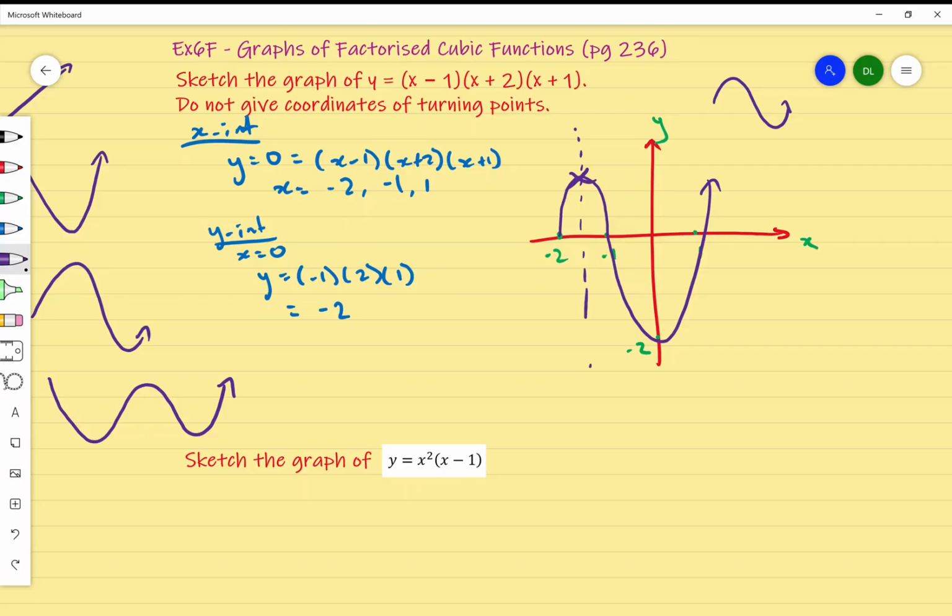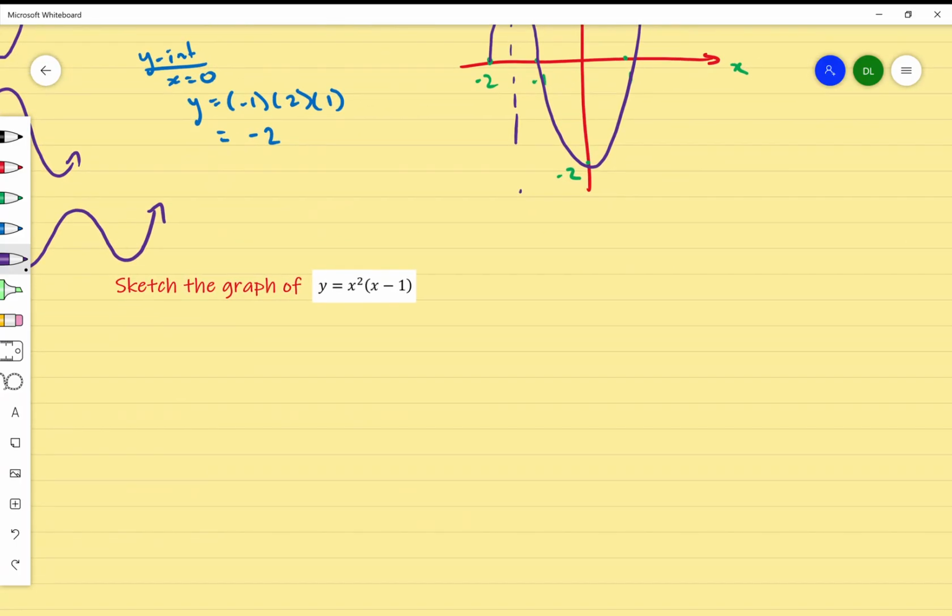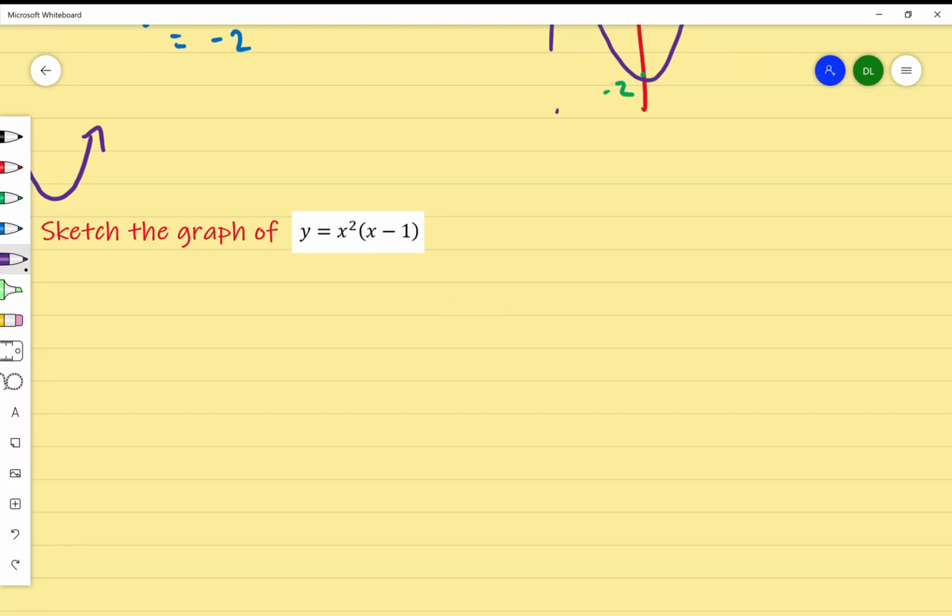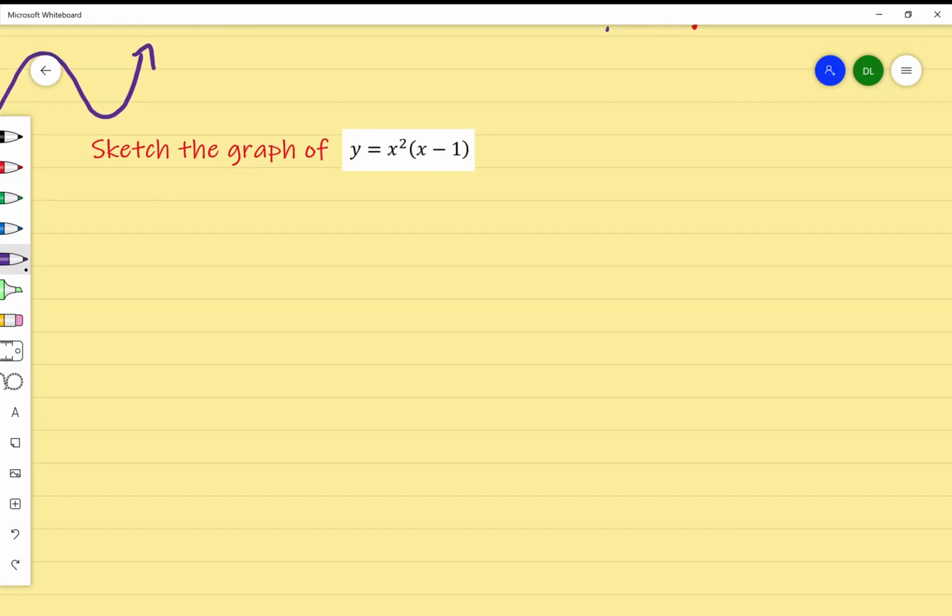So instead of having three different factors like x minus 1, x plus 1, and x plus 2, we have an x minus 1 and we have an x. Now that x is repeated. So we know that x, x, and x minus 1 are three factors, but they're only two different factors. So what I'm going to do from there is draw this graph here.